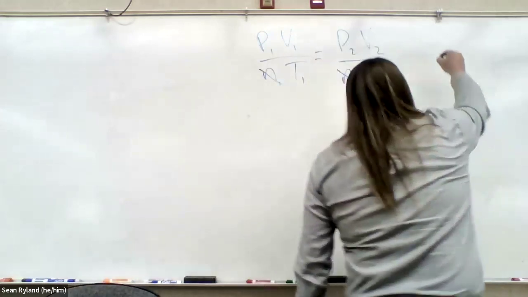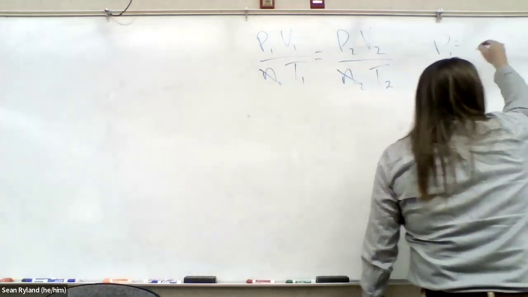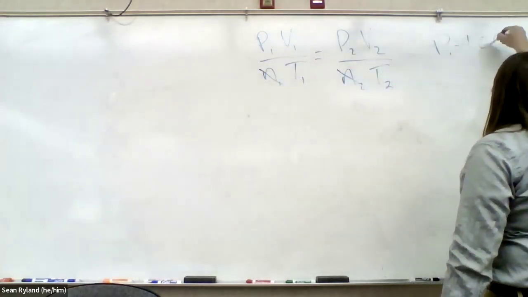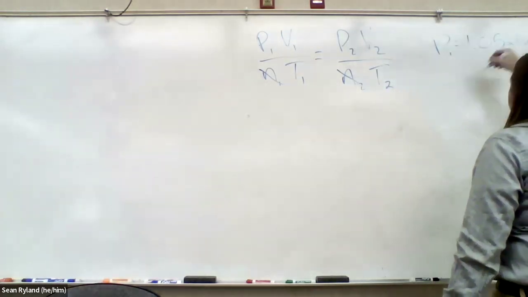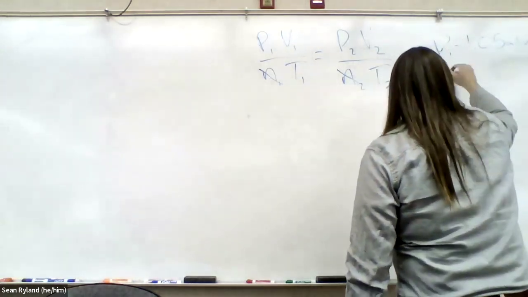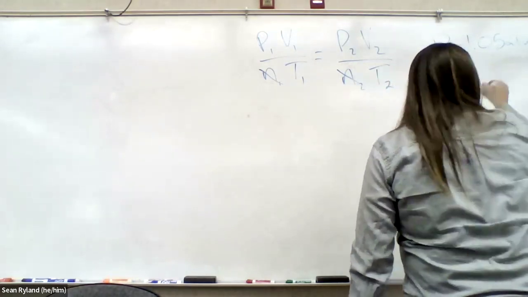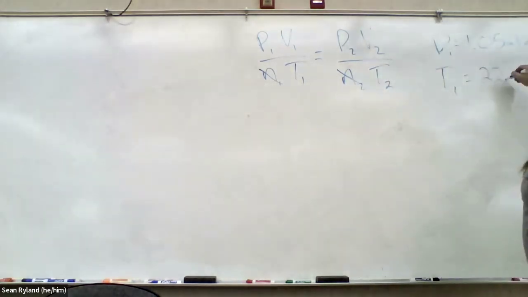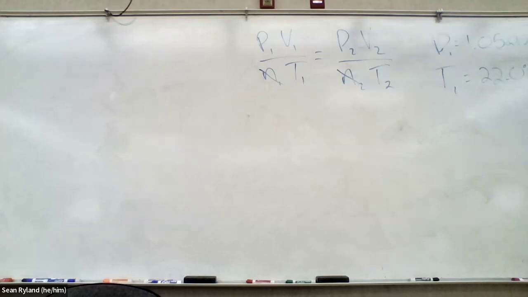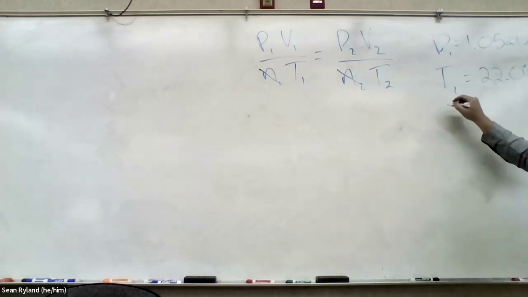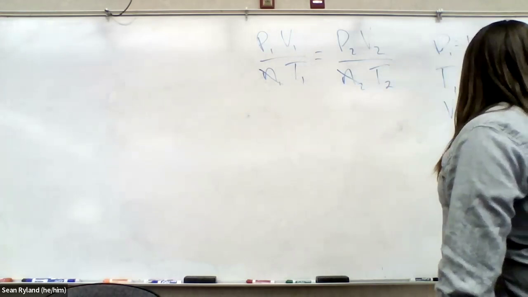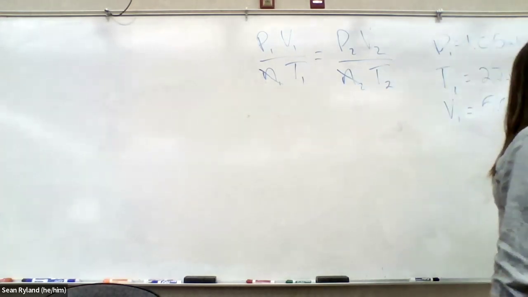So P1, 1.05 atmospheres. T1, 22.0 degrees Celsius. We can't leave it in Celsius though, can we? Nope. Put it in Kelvin. 295.2. V1, 5.00 liters.